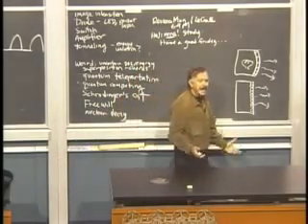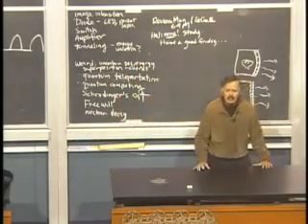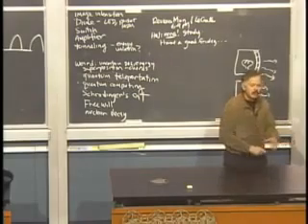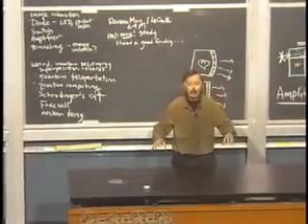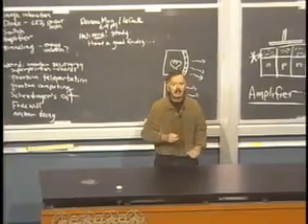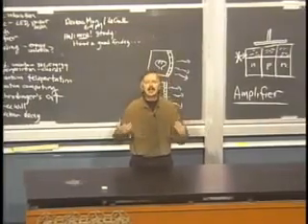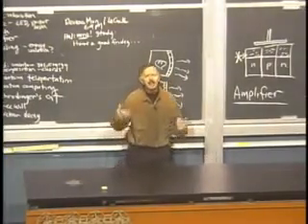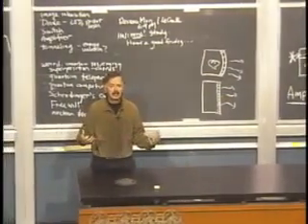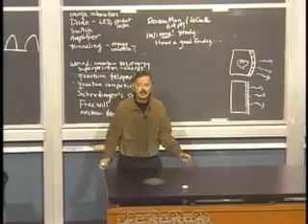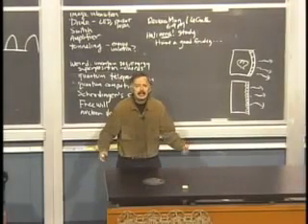Now, what do you do if you want to add them? It can be done with switches. You have one switch control another switch. If this number is a 1 and this number is a 1, only if they're both 1s do you turn this switch on. That's the basic logic element. The fact that you can do addition with this is amazing. All you need are switches and you can do addition.